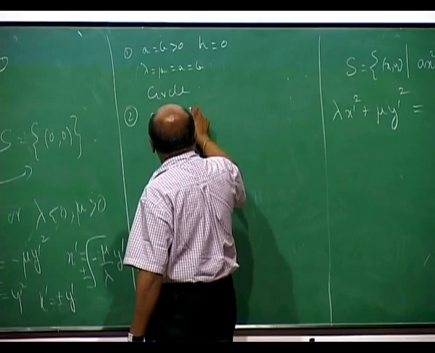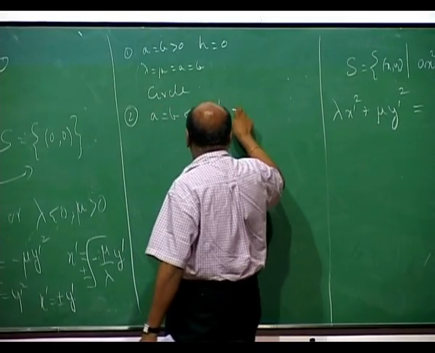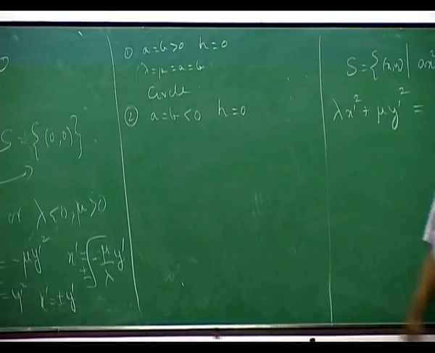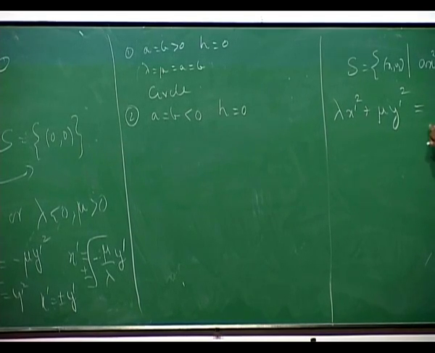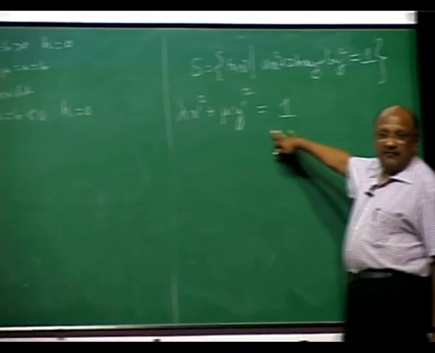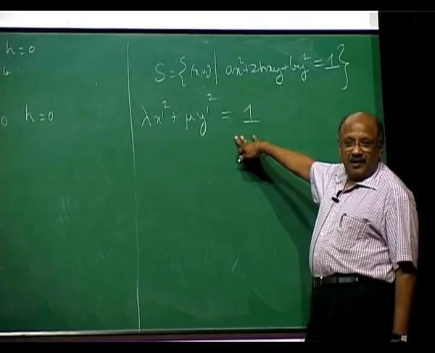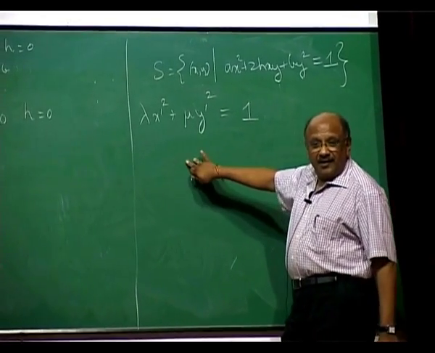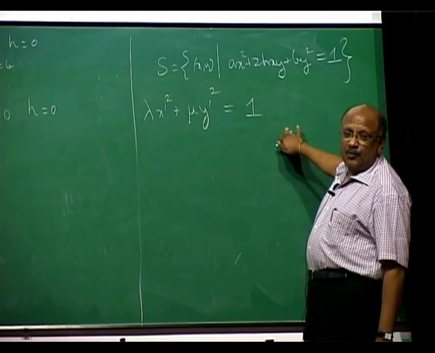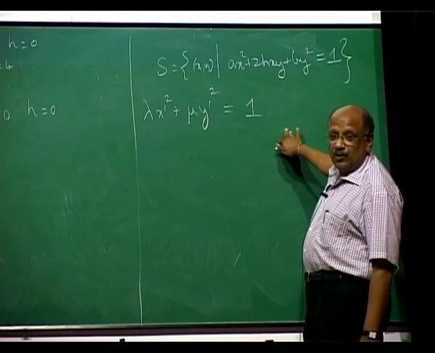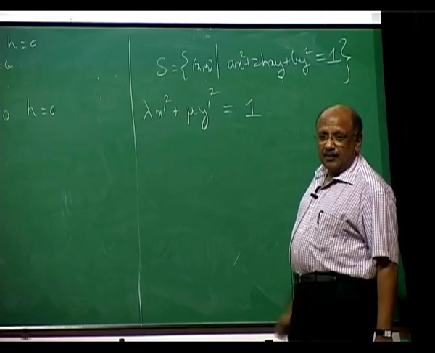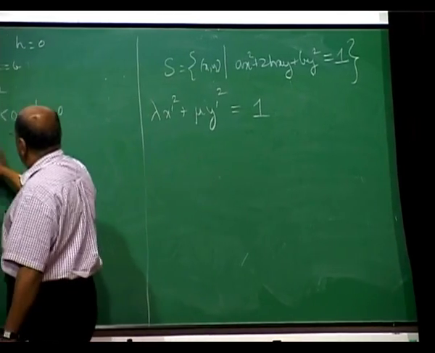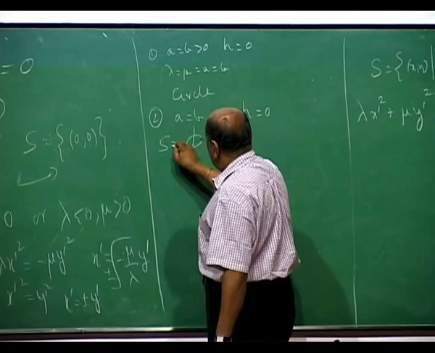If a equals b less than 0, h equal to 0, this is the empty set. This can never be satisfied, because lambda and mu are both negative, a sum of two negative terms equal to 1 can never take place. So then S is the empty set.